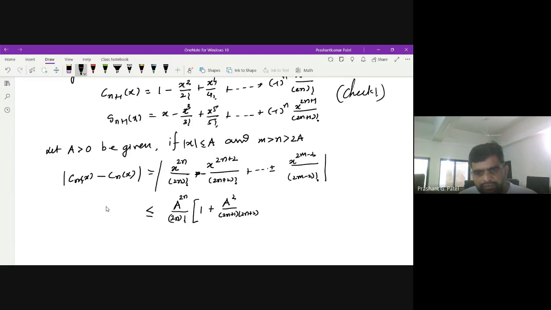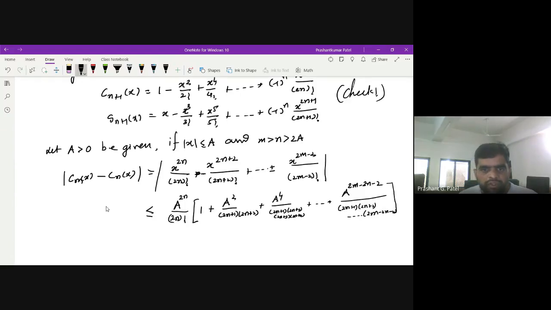The next term is A raised to 4 upon 2n plus 1, 2n plus 2, 2n plus 3, 2n plus 4, up to so on. The last term is A raised to 2m minus 2n minus 2, and in the denominator 2n plus 1, 2n plus 2, up to 2m minus 2.